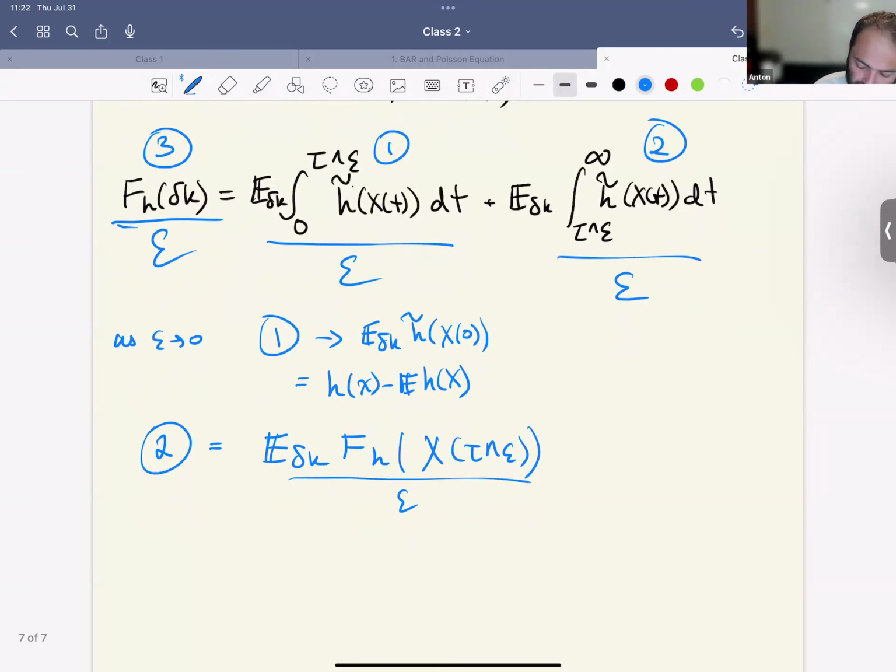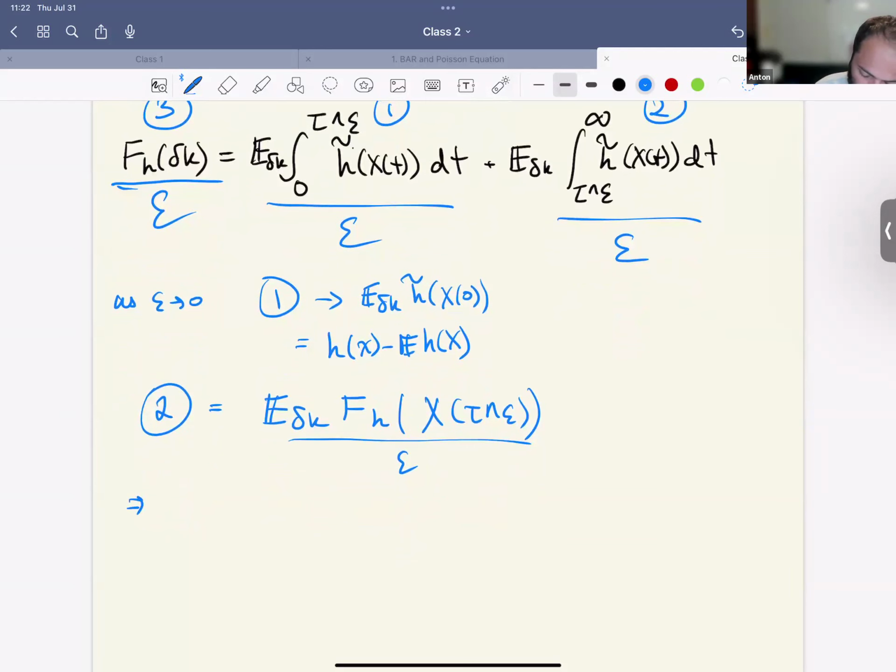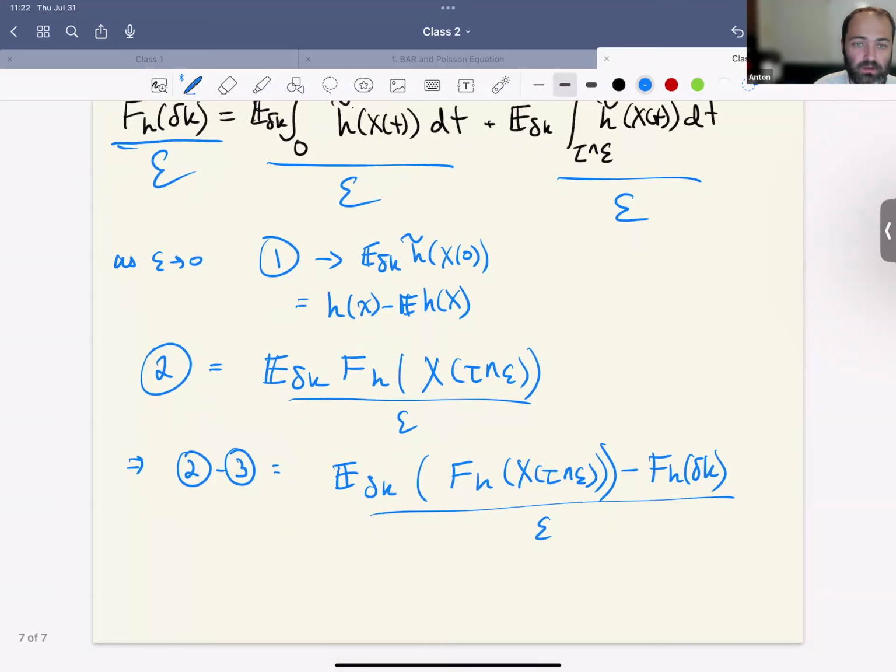And then 3 is what it is. Therefore, 2 minus 3 is going to be expected value under delta k of f sub h of x of tau minimum epsilon minus f sub h of delta k, over epsilon.